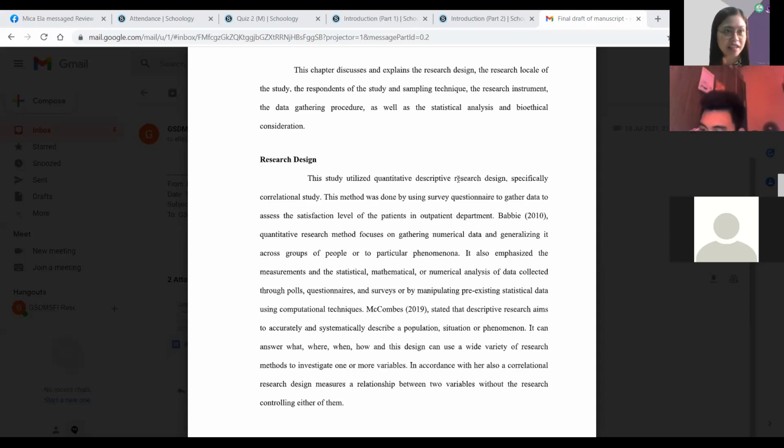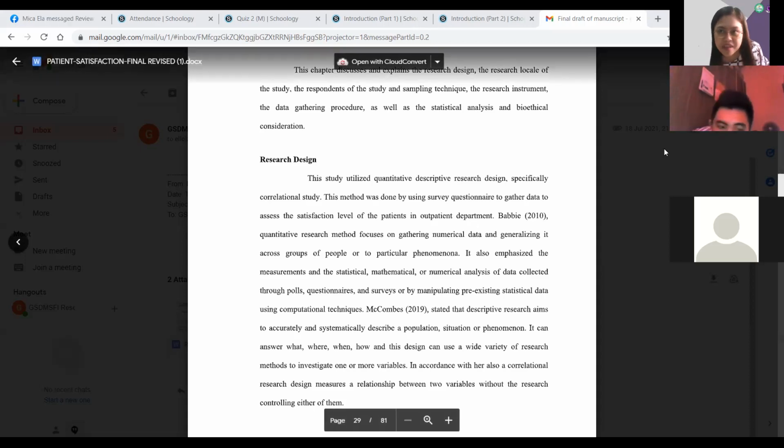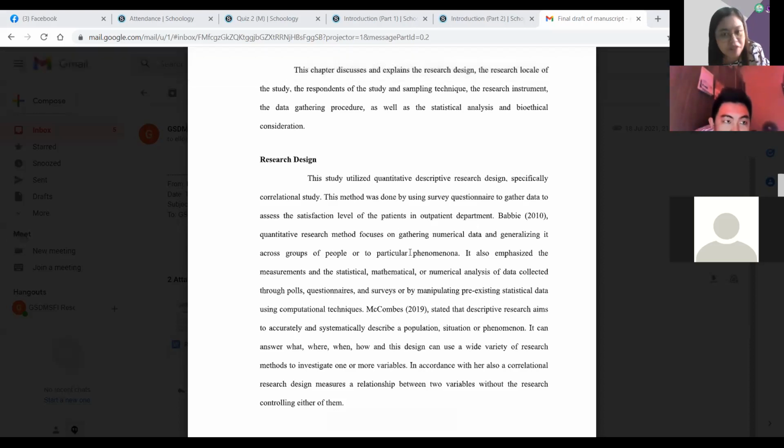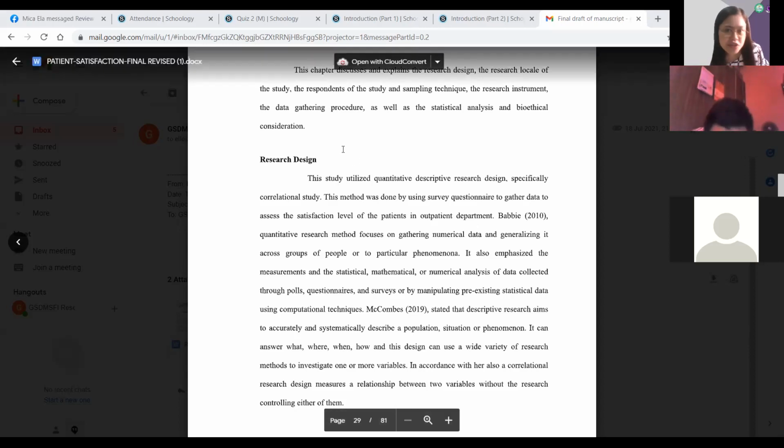correlational study. Kasi diba they are looking for the relationship between the demographic profile and the satisfaction of their respondents sa clinical laboratory services. And then after identifying, you have to explain also bakit nyo nasabing quantitative, descriptive, correlational study.